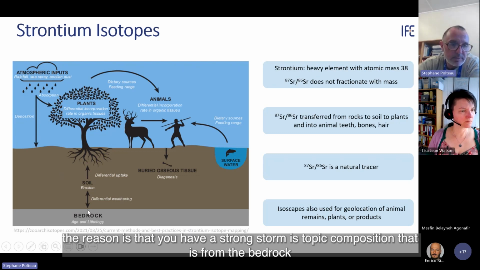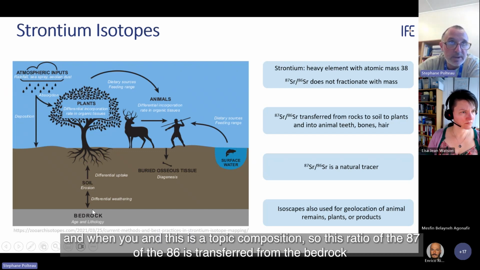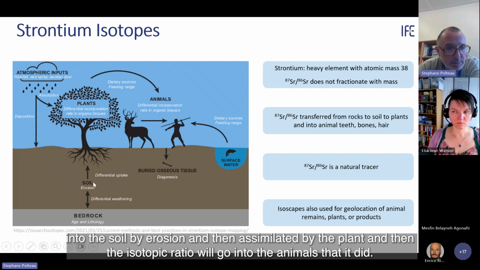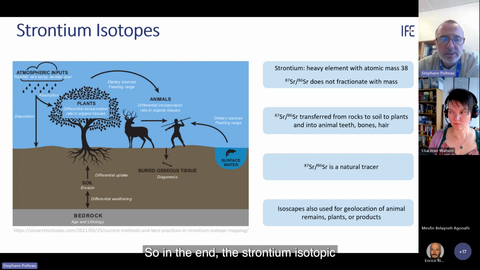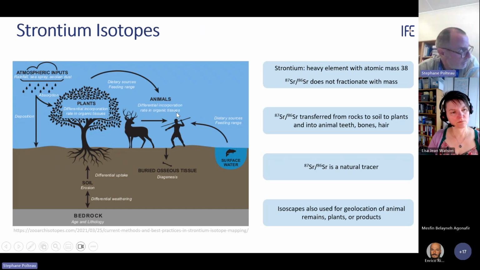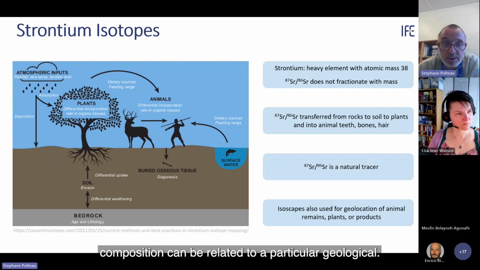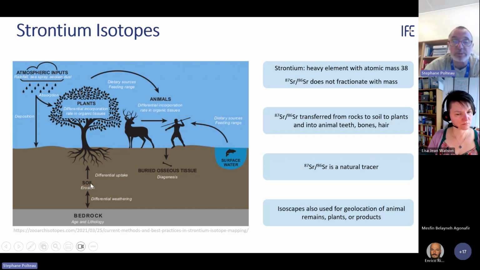The reason is that the strontium isotopic composition, this ratio of 87/86, is from the bedrock and is transferred from the bedrock into the soil by erosion, and then assimilated by the plants, and then the isotopic ratio goes into the animals that eat them and the humans that consume those animals. So in the end, the strontium isotopic composition can be related to a particular geological province.